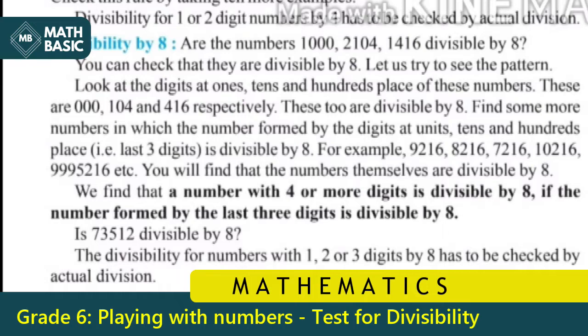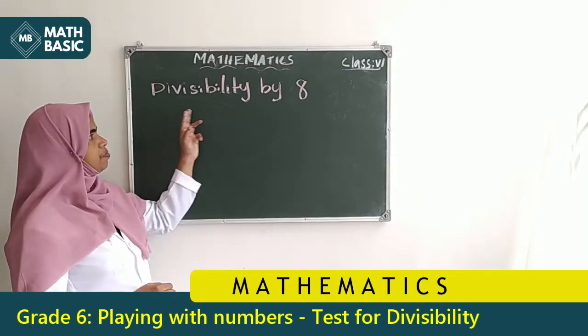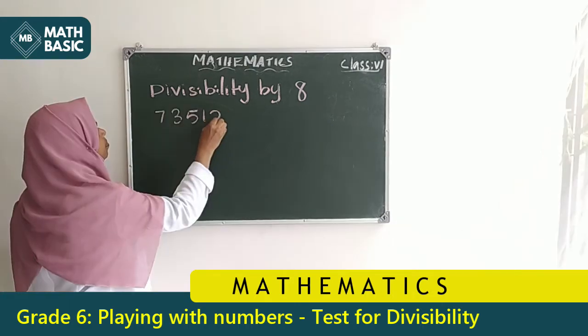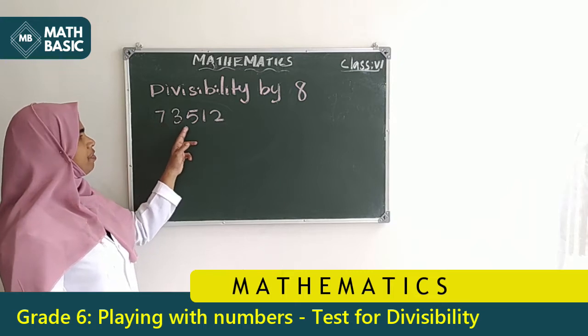Divisibility by 8. A number with 4 or more digits is divisible by 8 if the number formed by the last 3 digits is divisible by 8. See an example, 73,512.